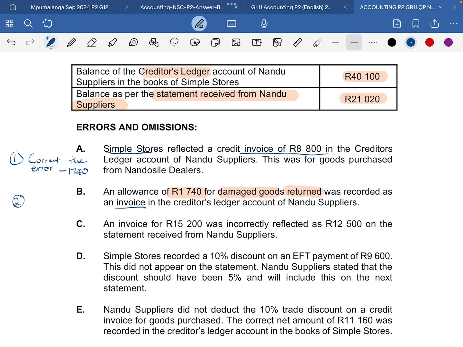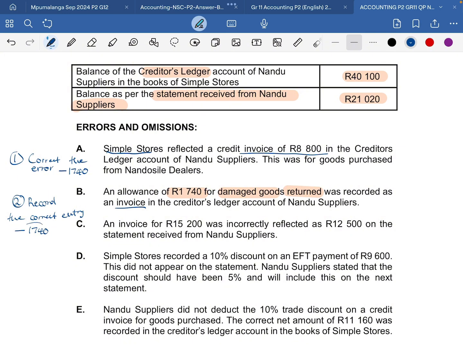Then secondly, we need to record the correct entry, which is actually removing the 1,740 of returns, right?